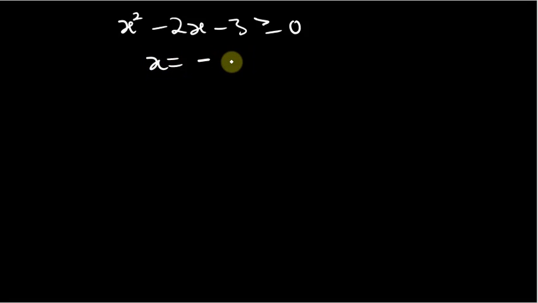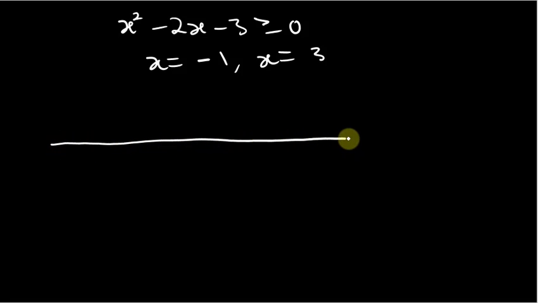Okay, so we have x squared minus 2x minus 3 being greater than or equal to 0. And when we solved, we had x being equal to -1 and x being equal to +3. So let's draw our number line, which is not drawn to scale.